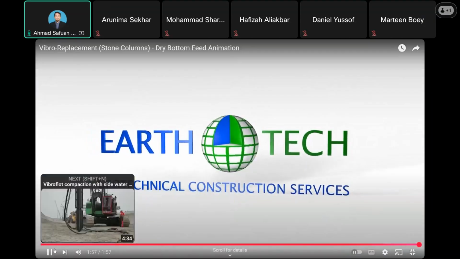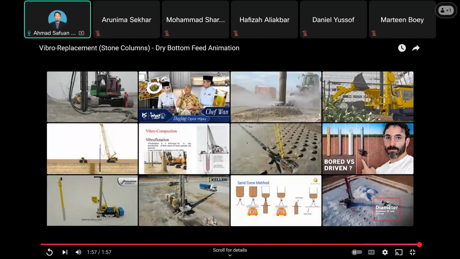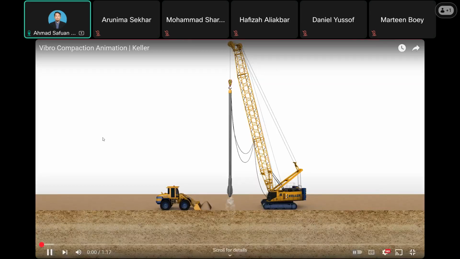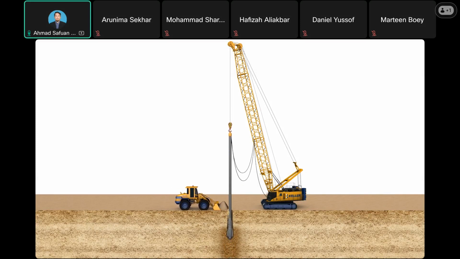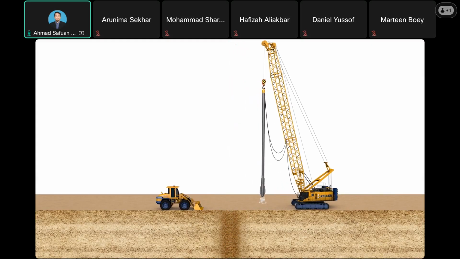Let me find another example. This is the vibro compaction method. So this is called the top feed method. It means that they pour the granular material from the top, then they compact it.